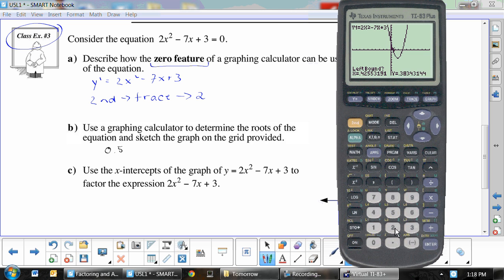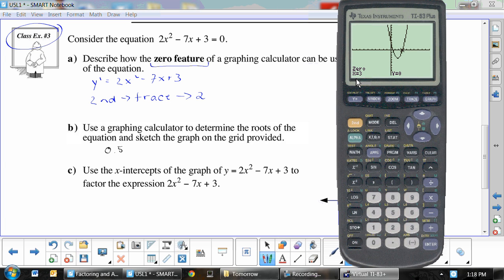Same thing, except this time when you're on the left-hand side, your little blinker is going to be in the negative. So you hit enter once, and then right. So you get x is equal to 3.